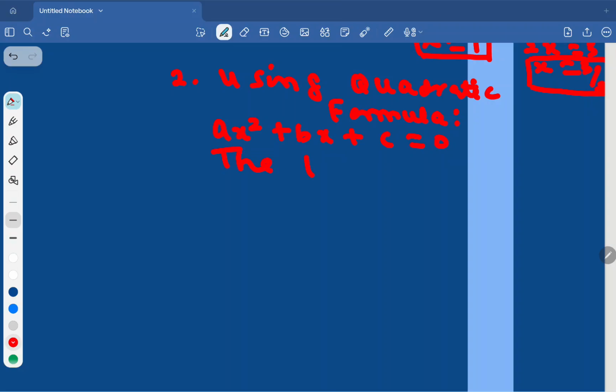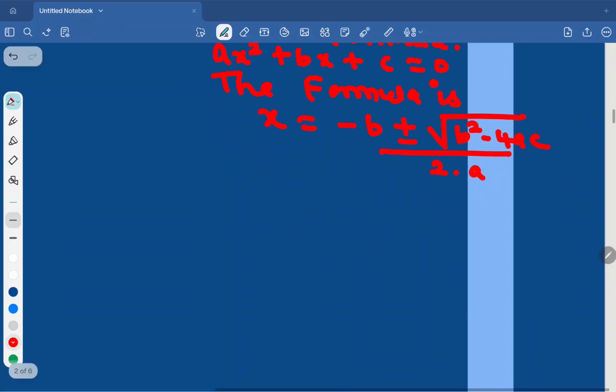The formula is x equal to minus b plus or minus root of b square minus 4ac by 2a. I am going to solve the same problem with the help of this formula. What is a? 2. What is b? Minus 5. What is c? 3. Substitute all this in the formula.